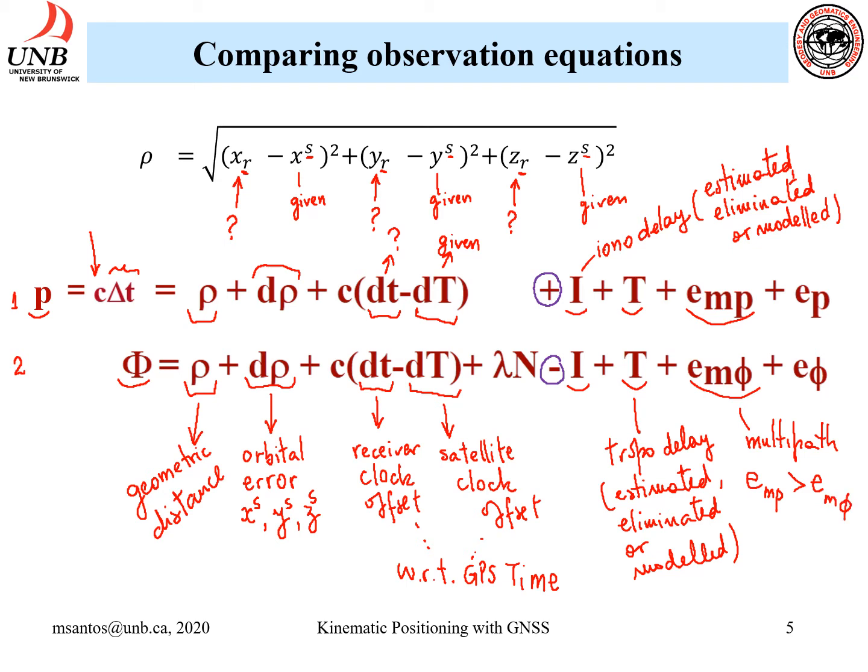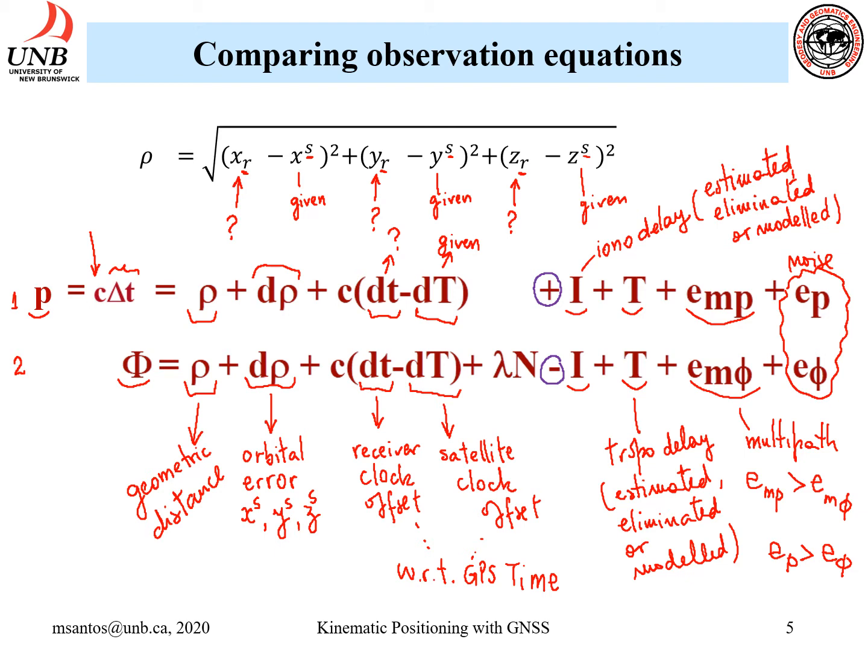And EP is just noise. We will see also that the noise in the pseudo-range is greater than the noise in the carrier phase.